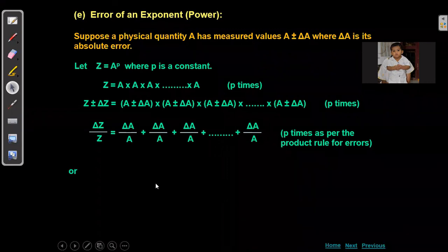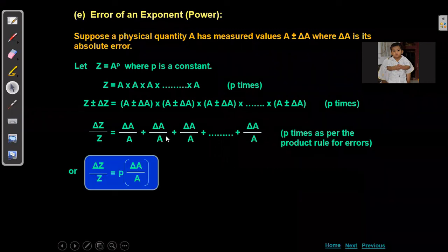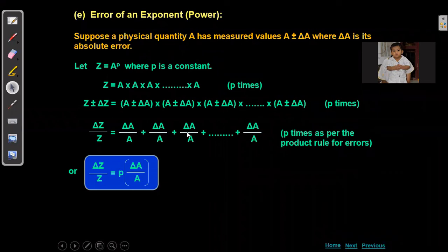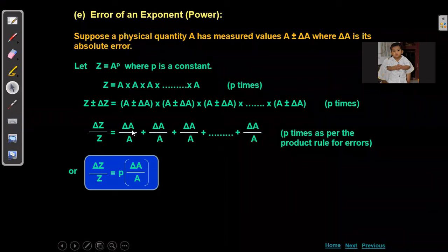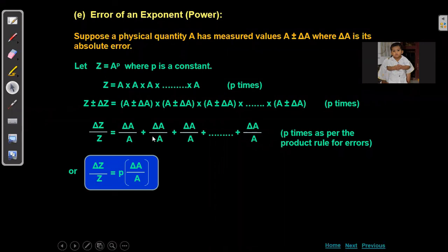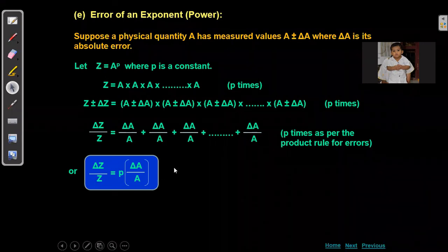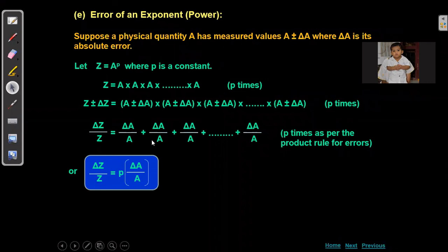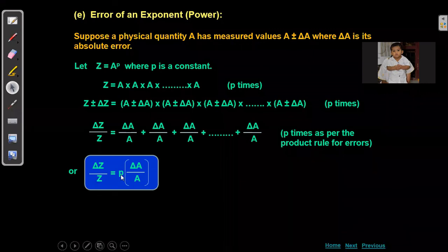Or if we write further, what can we write? P into, how many times are we writing this? P times. So simply we can write P into delta A by A. In short, we can write this. So if error is there, that power will come at the start, as a multiplication in case of errors.